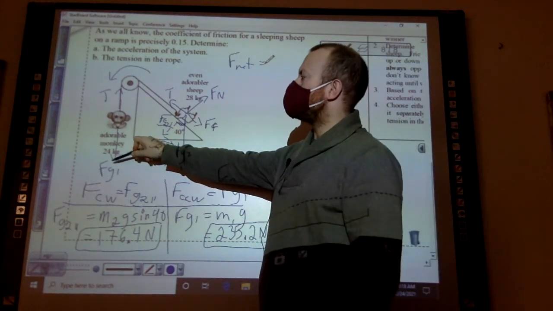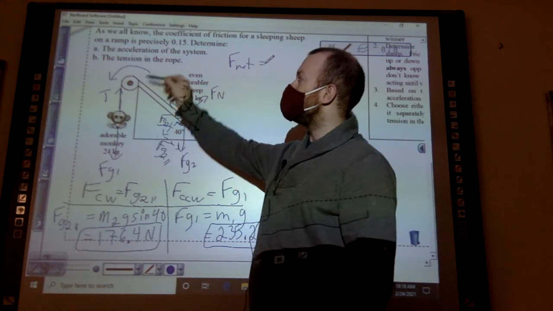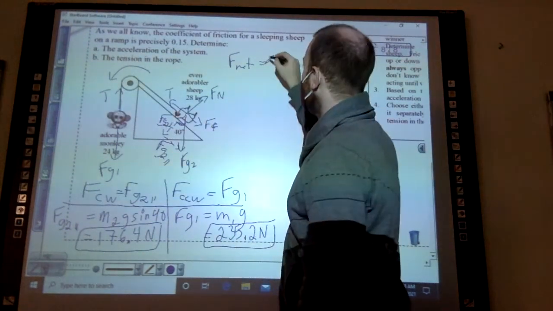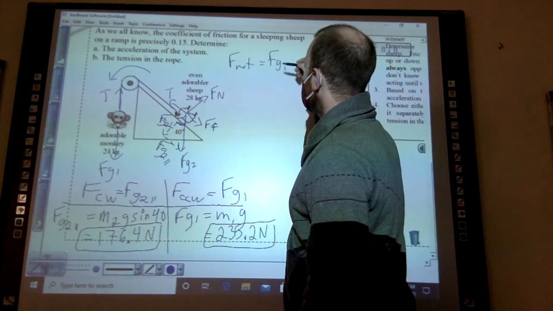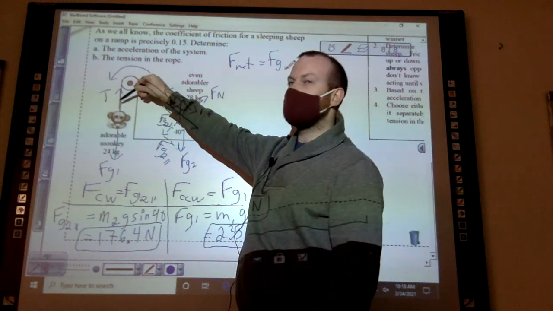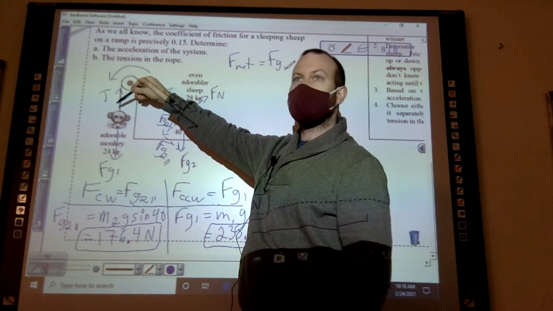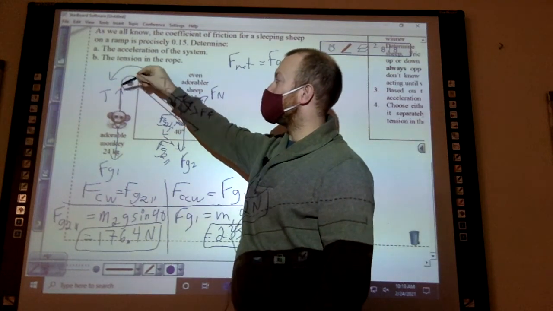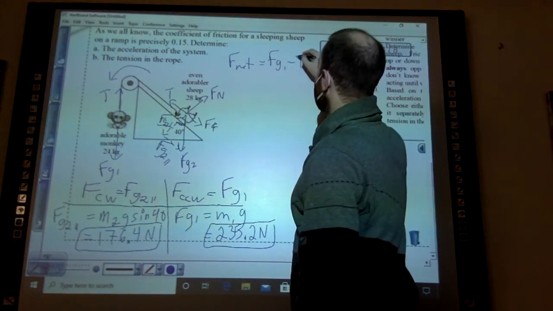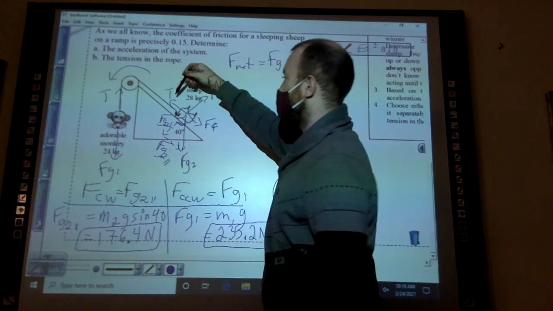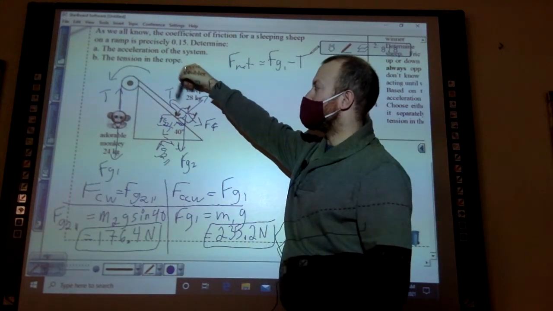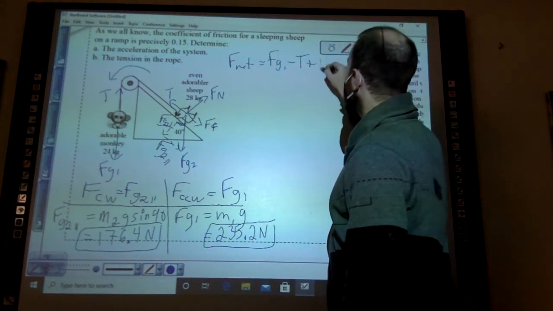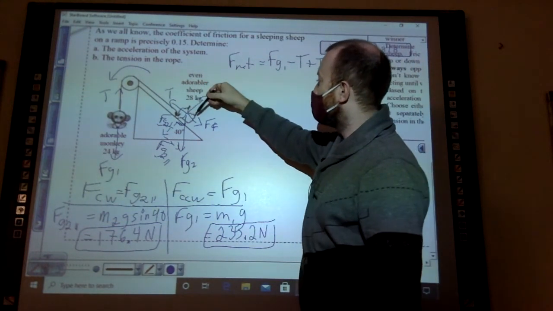FG1, is this positive or negative? Positive, it's going with the motion. So FG1 is positive. Tension, positive or negative? Negative. This is going opposite direction. Okay, this tension, this one's positive. Force of friction.